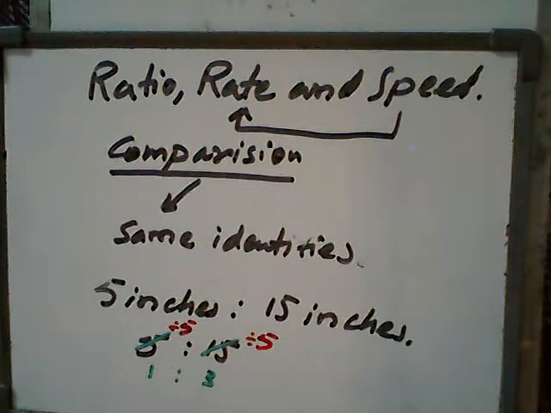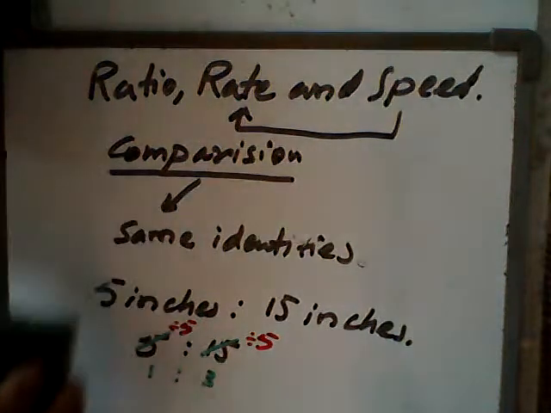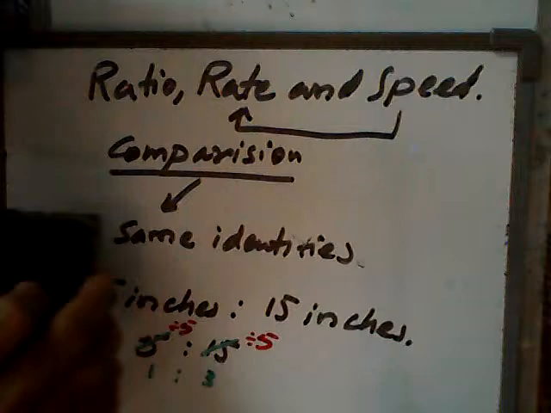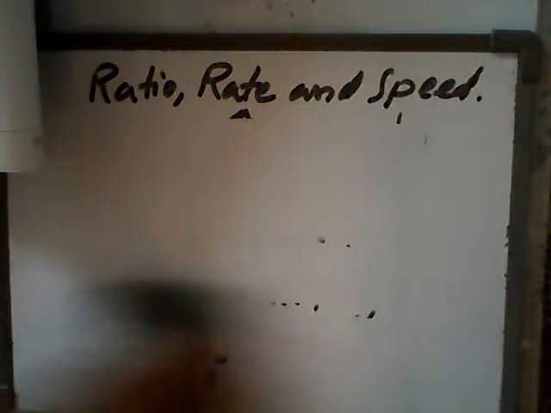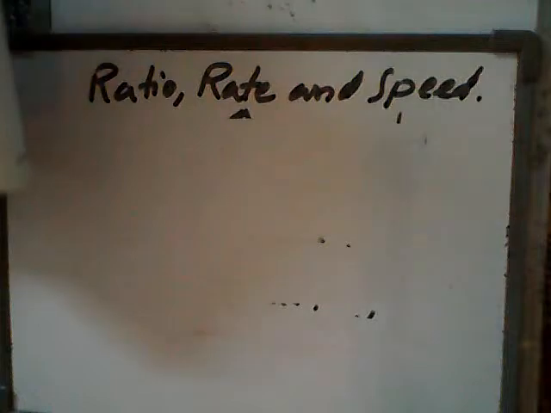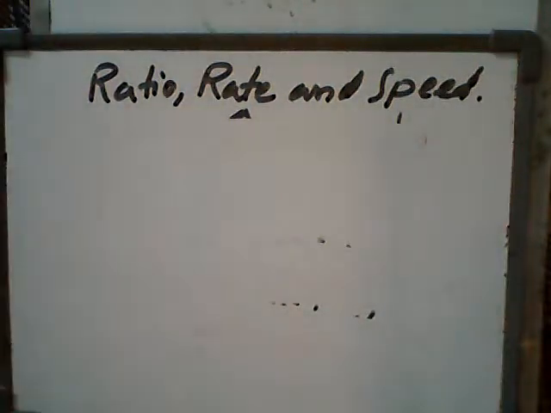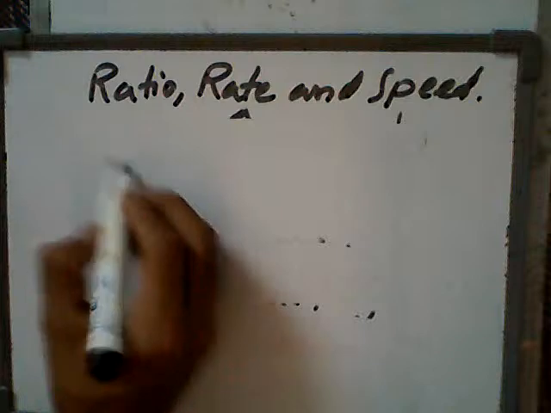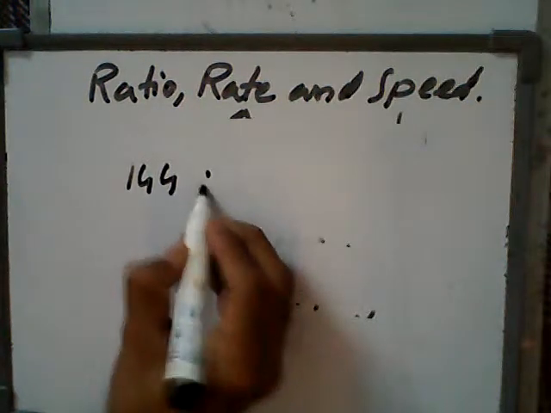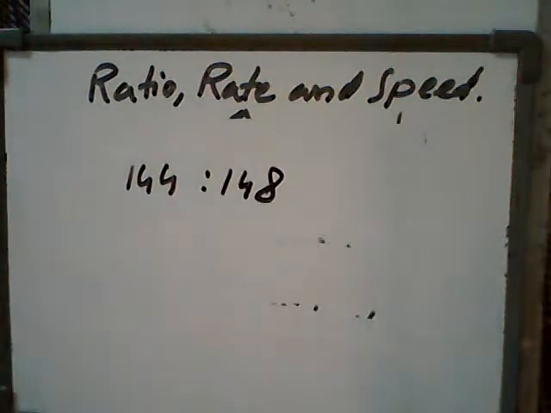First of all, the examples come in which we'll be giving some ratios of same quantities, same numbers. Then we'll be going towards some of the more technical examples. So let's see how it happens. First of all, a lengthy calculation question, which is 144 and 148.